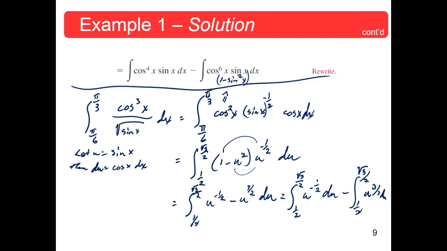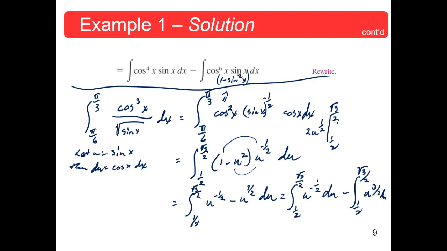Second would be 2u to the 1/2. Exactly. Okay, it's a power rule. That's what you want to do, wasn't it? So this will be 2u to the 1/2 evaluated from 1/2 to root 3 over 2.